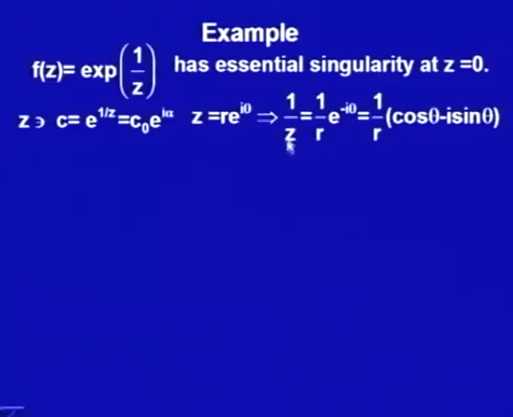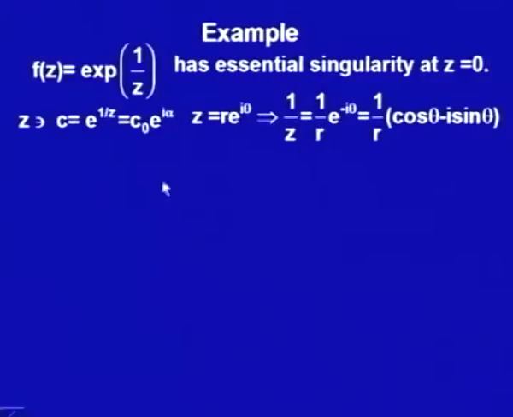Then 1 upon z would be 1 upon r times e to the power minus i theta. By Euler's formula, e to the power minus i theta can be written as cos theta minus i sin theta.